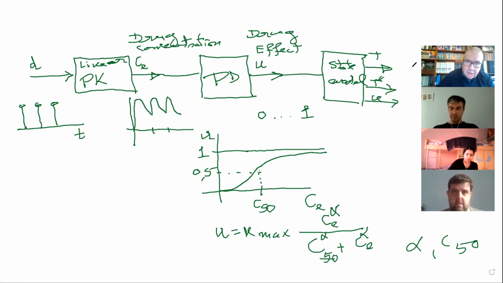Usually what you measure is the sum of T and T star, the total number of cells, or the total number of cells and the number of virus particles. This is a V. The number of virus particles, you measure this, and then the total number of cells. It's very difficult to do measurements. Okay?